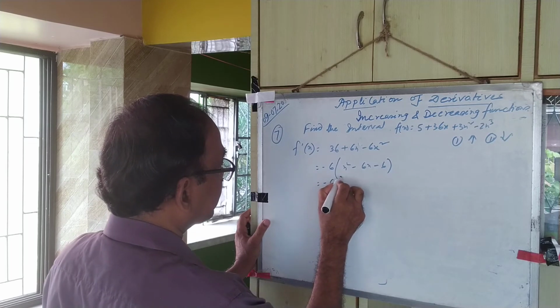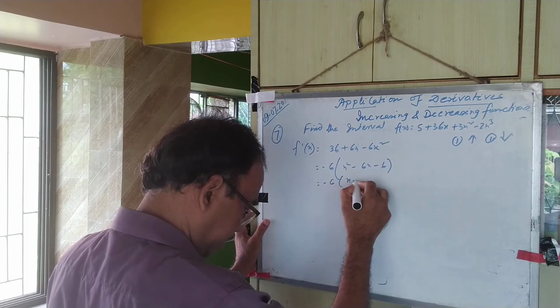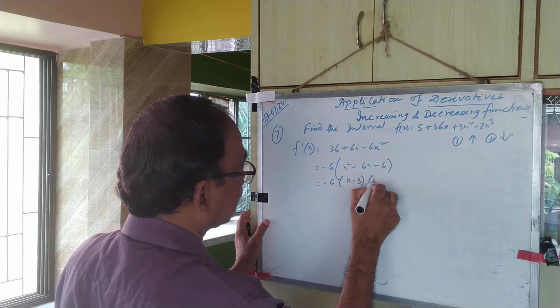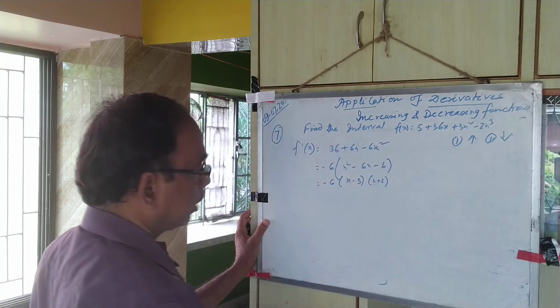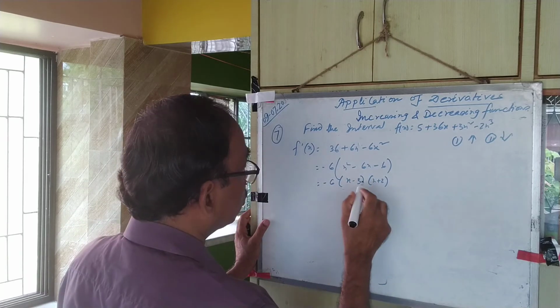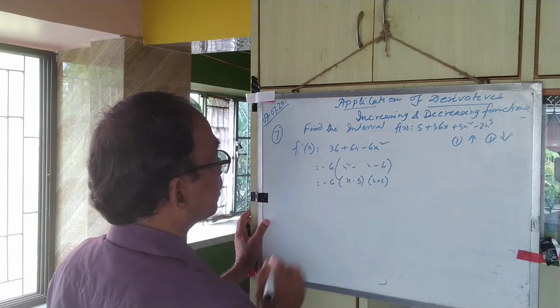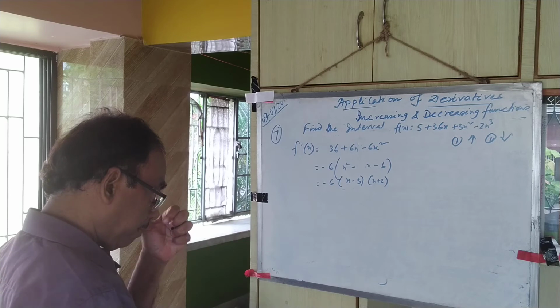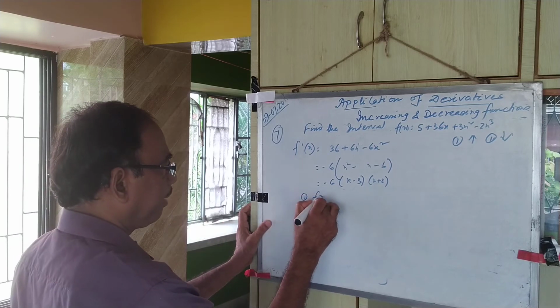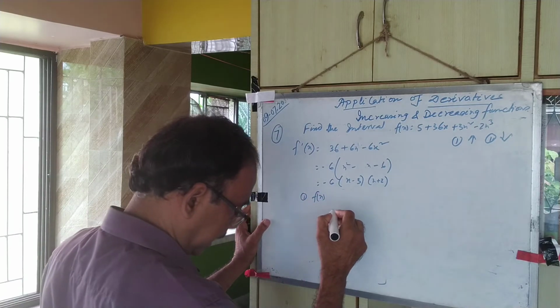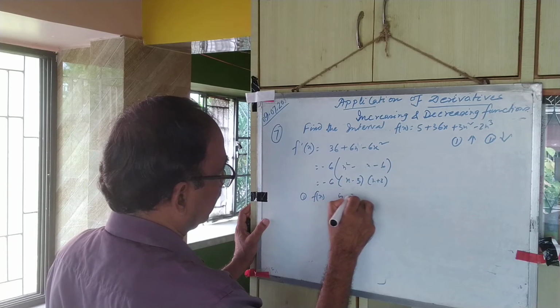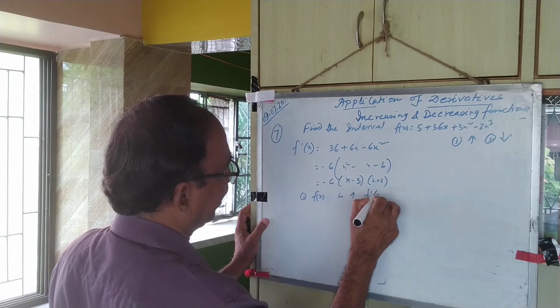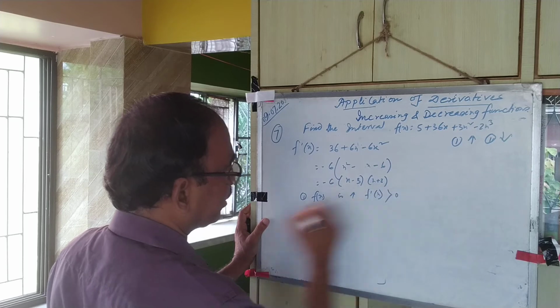That minus 6x minus 3x plus x minus 3x plus 2x square minus x square minus x plus 6. So number 1, x is increasing when f dash x is greater than 0.